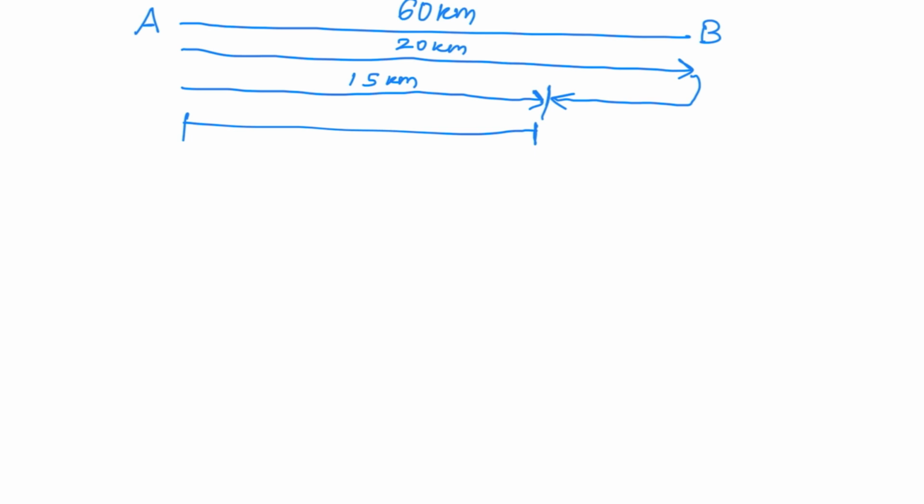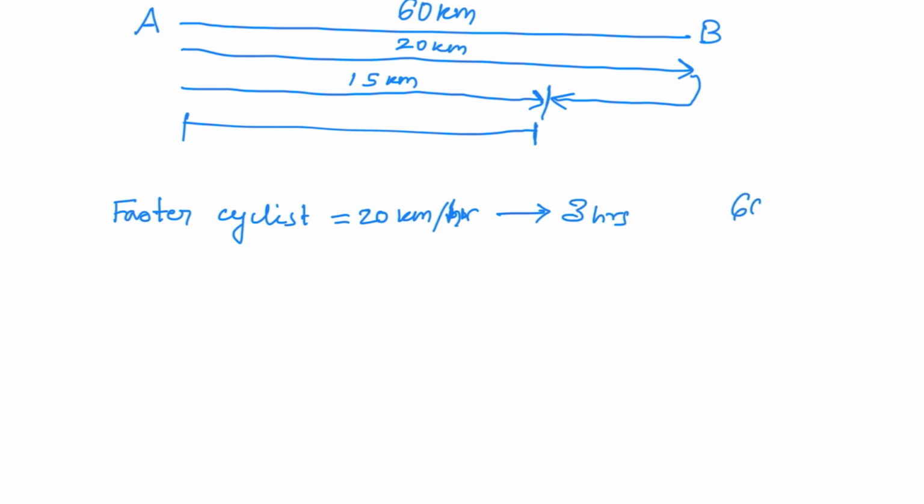So the 60 kilometer, the faster cyclist has a speed of 20 kmph. So he will cross the distance in 3 hours, because total is 60, 60 by 20 will be 3 hours.